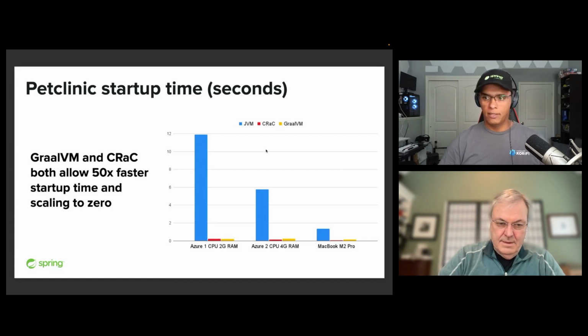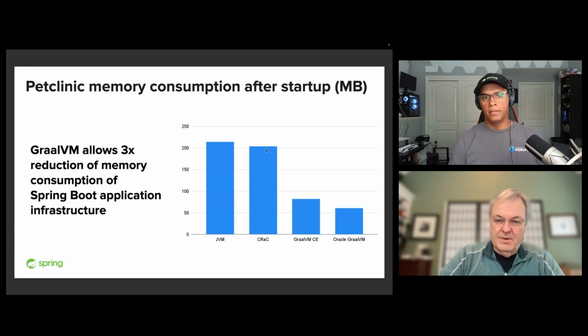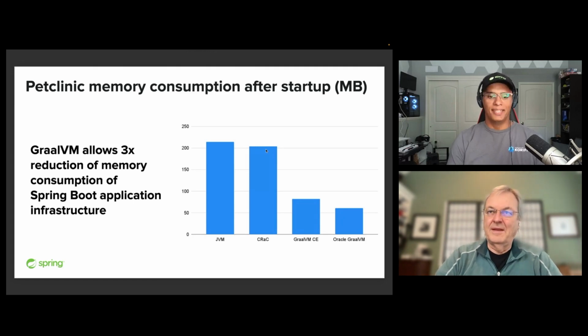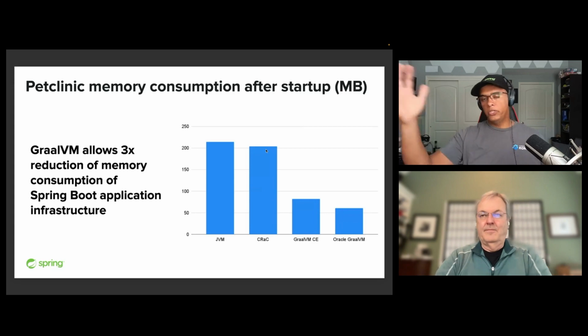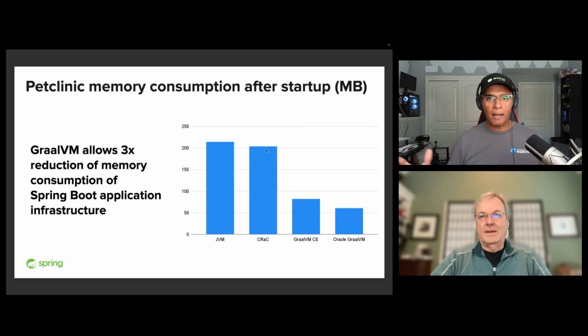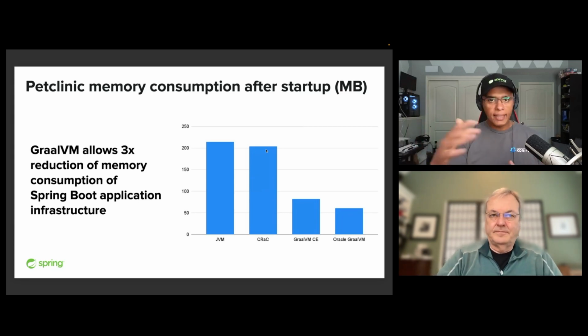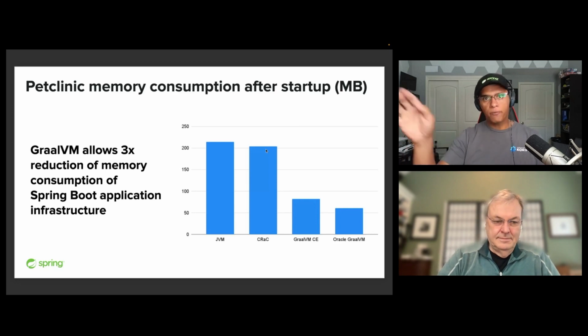What else we got? Hey, memory consumption. So yeah, GraalVM allows... The tweet we saw earlier was way more than 3 times. So I guess it's app dependent. Definitely app dependent. Yes. And it's definitely worth the experiment. So because we have some options, I like to encourage, take it for a spin, right?